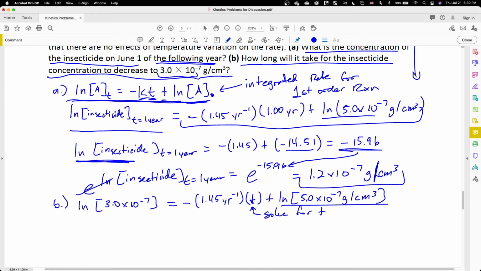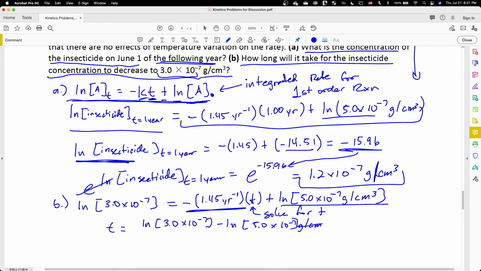Then you'll divide both sides by the 1.45, and you end up with this: t equals the natural log of 3.0 times 10 to the negative 7 minus the natural log of 5.0 times 10 to the negative 7, which we're doing the math now, so we don't really need the units in there.